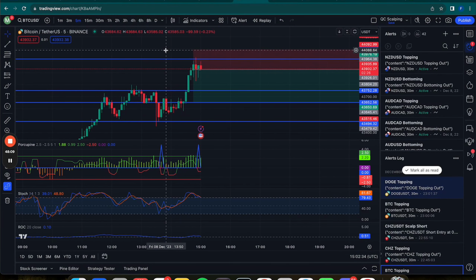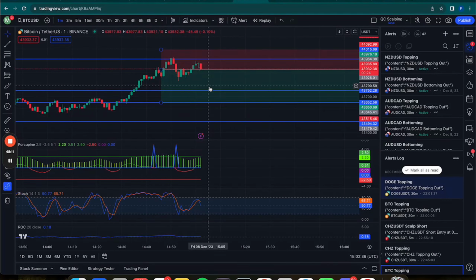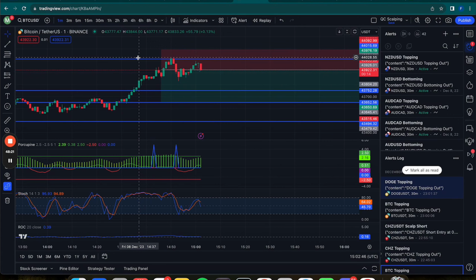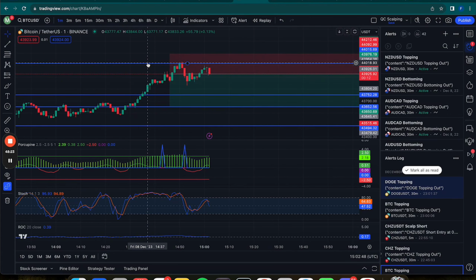Bitcoin's doing well right now. Just gotta see. We like to see this, right? This move down is good, especially if it continues to the downside. So that's great to see.